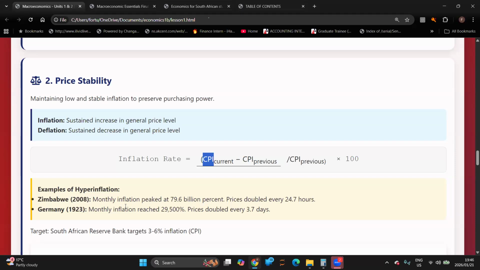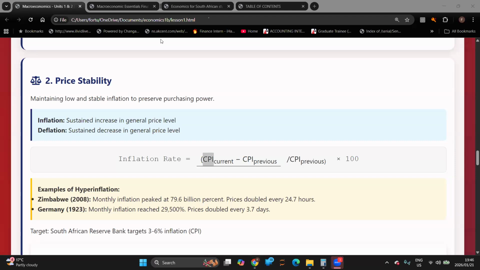So inflation is regarded as the number one public enemy of any economy. So they have to look at inflation very, very closely and monitor it to ensure that it is maintained delicately.